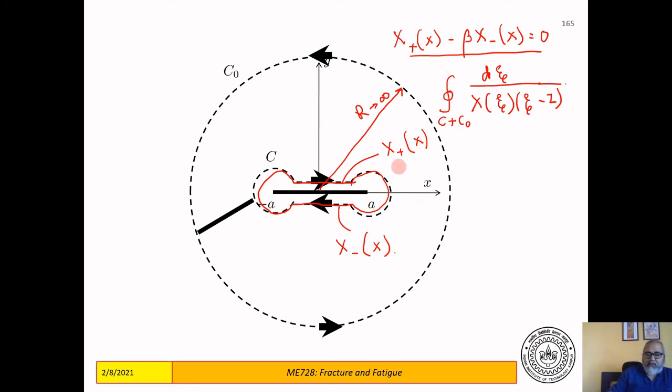One more fact that I want to state here: if you evaluate this contour integral over this small circle and this small circle, when the radius of the circle tends to 0, then the integrals give rise to 0. This is a fact that I'm not going to prove.